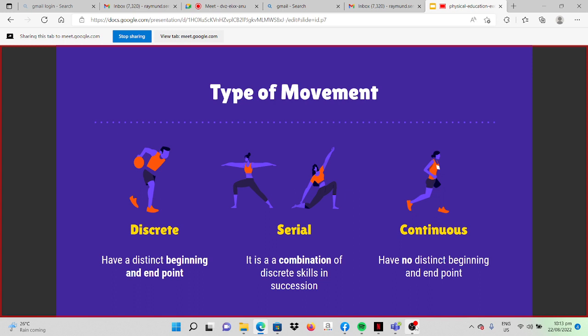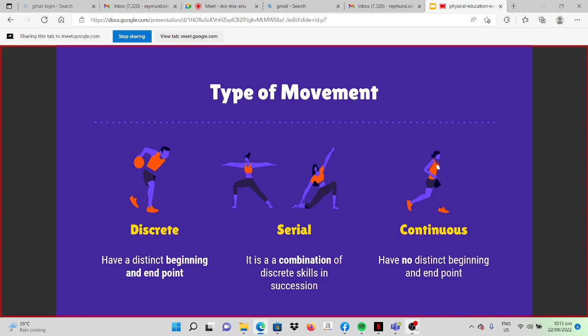Now, let us proceed to the serial skills. Joking aside, it is not the bad word we are trying to relate, the serial killer. Instead, serial skills are a combination of discrete skills in succession. Since we are already familiar with discrete skills, serial skills are just discrete skills linked together in a sequence.